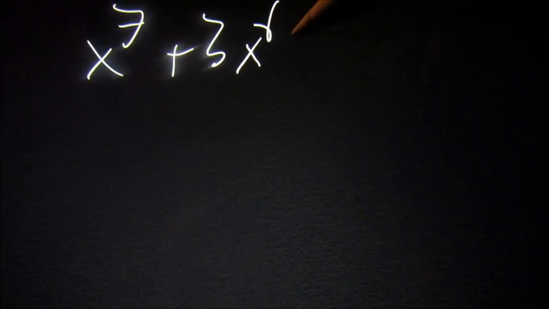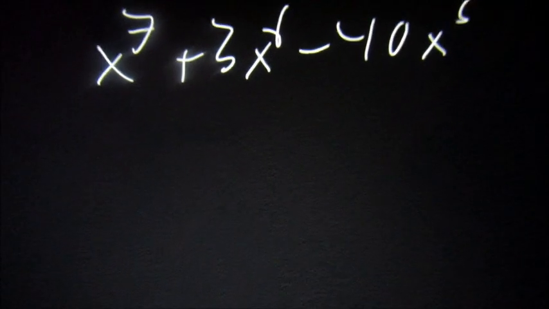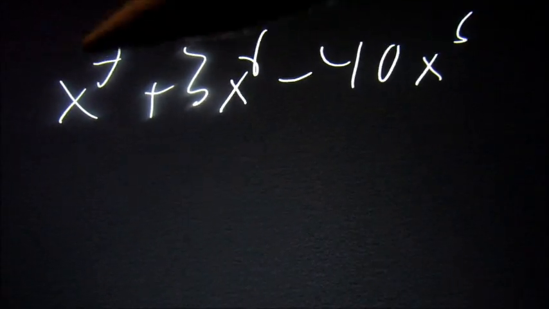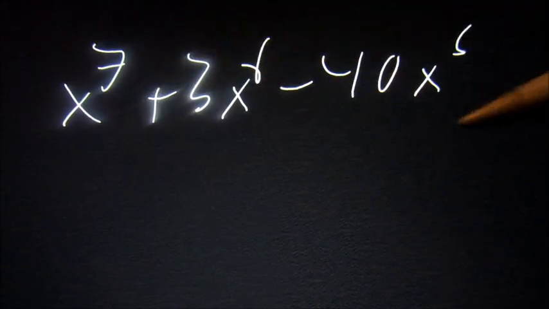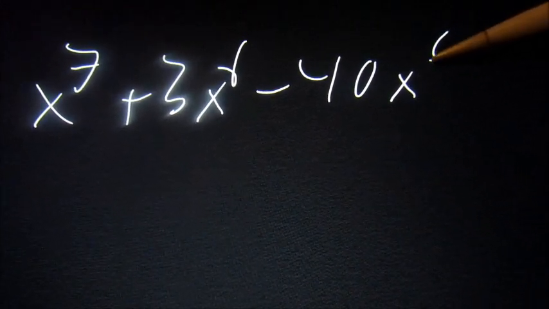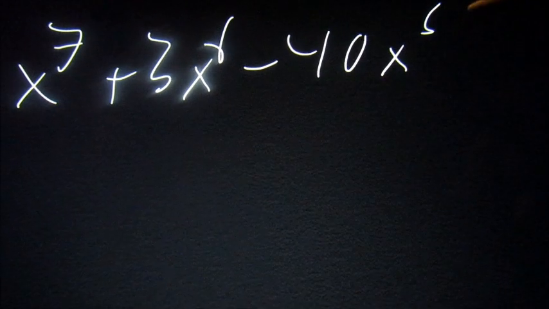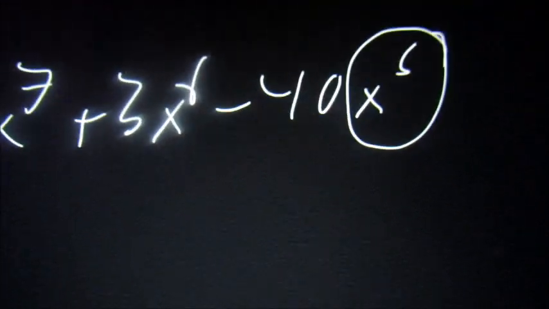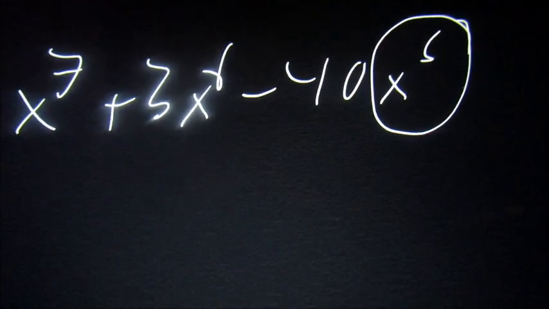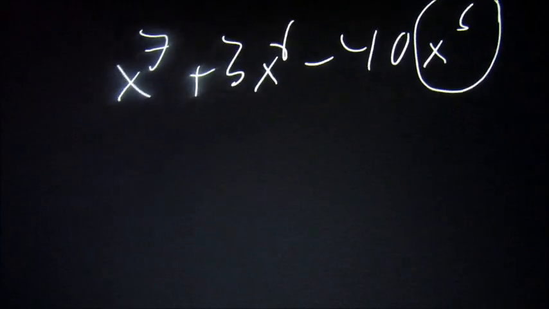Okay, then let's say we have x to the 7 plus 3x to the 6 minus 40x to the 5. I have x's in all of them, and I can divide everything by the x to the 5. Note that whatever the exponent for the x on the last term is, that's what you're going to be dividing everything by.